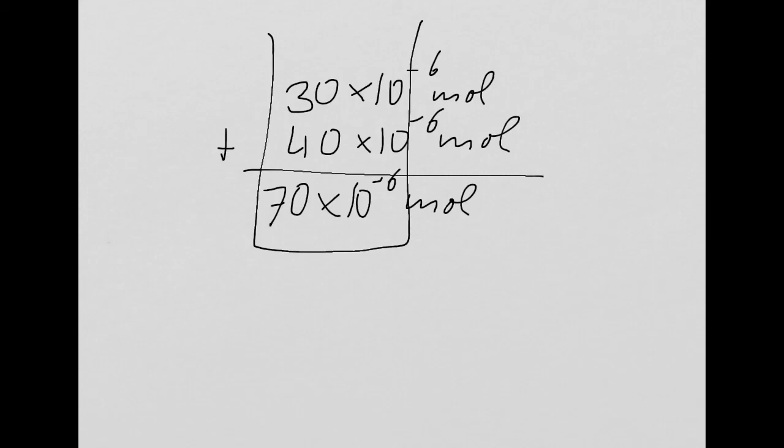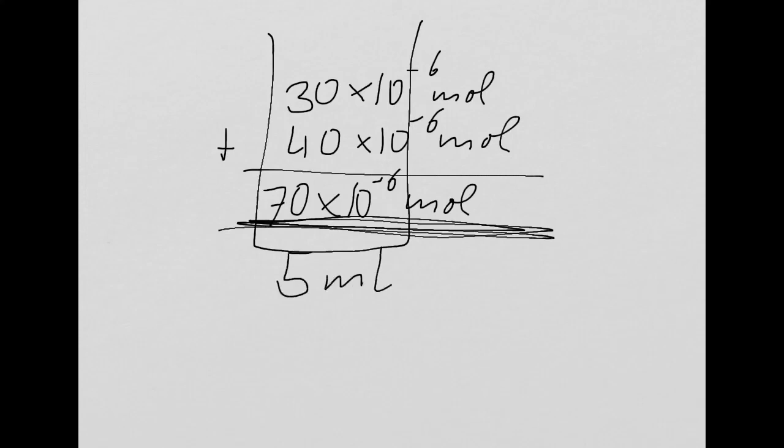And what did we say? What was our volume? We said we have 70 times 10 to the minus 6 mole in 5 milliliter. Or I can write the 5 milliliters as 5 times 10 to the minus 3 liter, can't I?